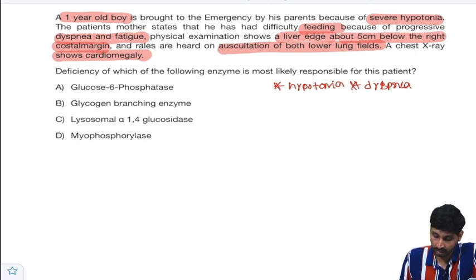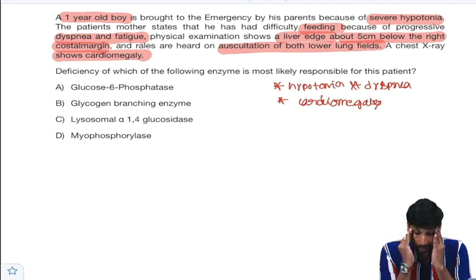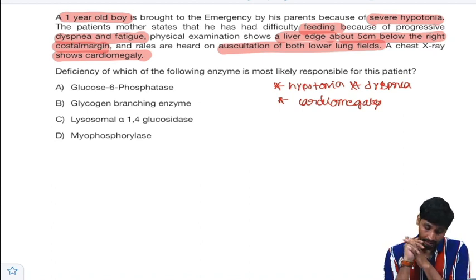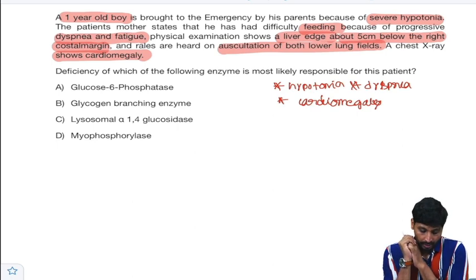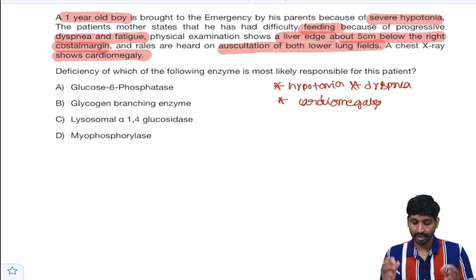And the next keyword is cardiomegaly. So after seeing this, what can you make out? Considering the signs and symptoms, they have asked, deficiency of which of the following enzymes is most likely responsible in this patient? We have already said that it is a glycogen storage disorder.